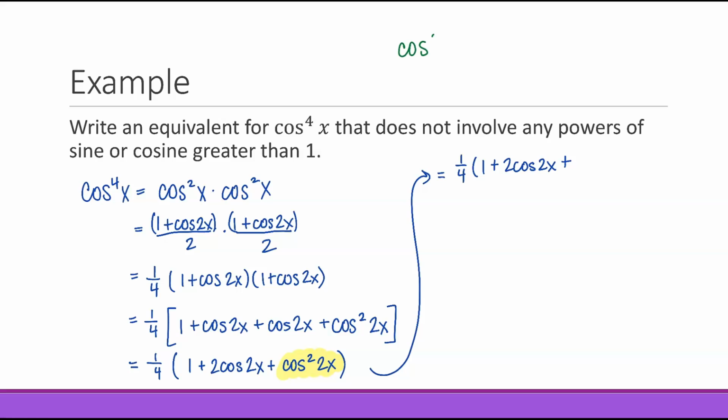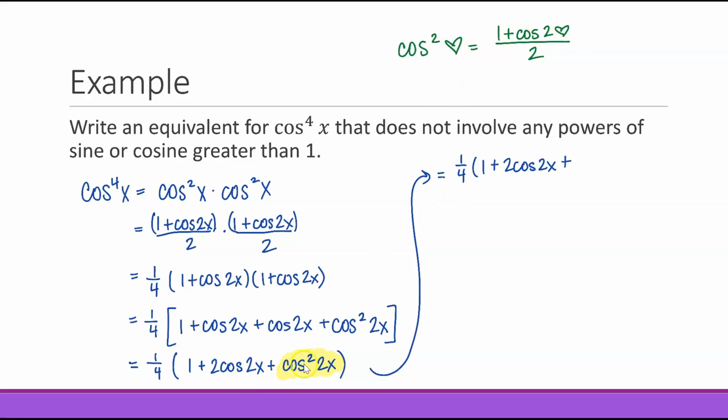I'm going to do something that looks kind of funny. I'm going to say cosine squared heart is equal to 1 plus cosine 2 heart over 2. And that's because the x, or theta, is just a variable. So I can choose to put whatever I want there, I can put a heart there, and it just gets replaced in the formula with the equivalent value.